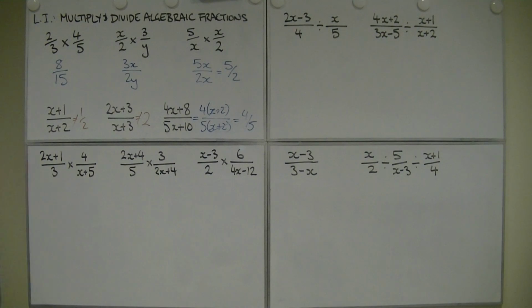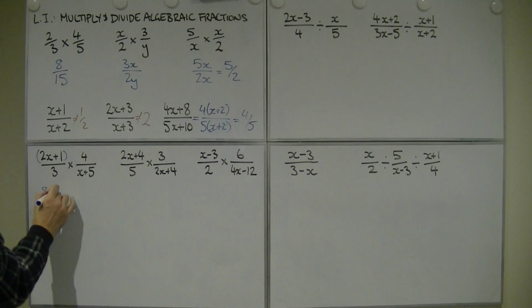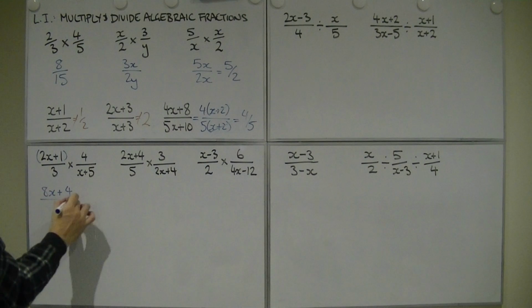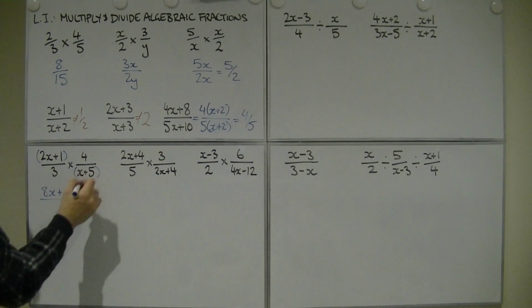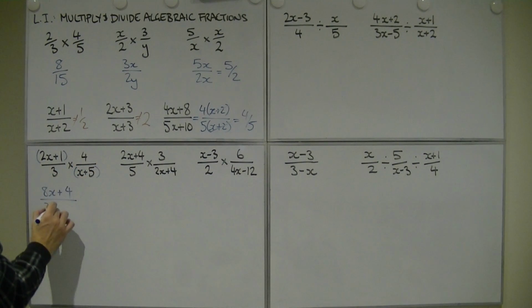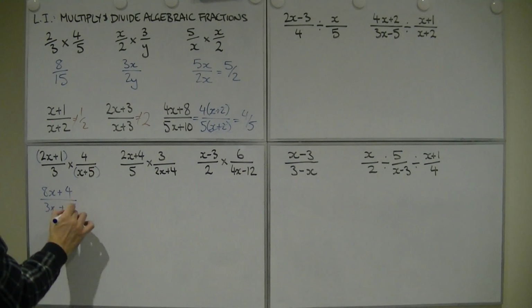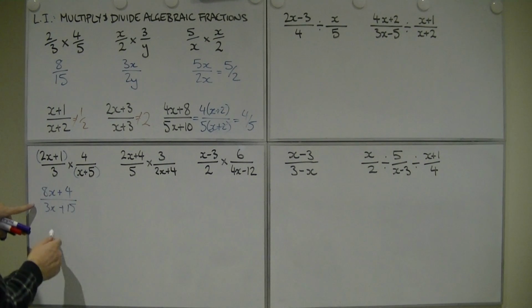Cool, alright. We've got this one, slightly more annoying than our previous ones, but it's still the same idea. The only thing you've got to keep in mind is this is all one thing getting multiplied by the 4. So we've got 8x plus 4 on top. This is multiplying all of this, so 3 by x, 3 by 5, 15. Brilliant. Is there anything in common?